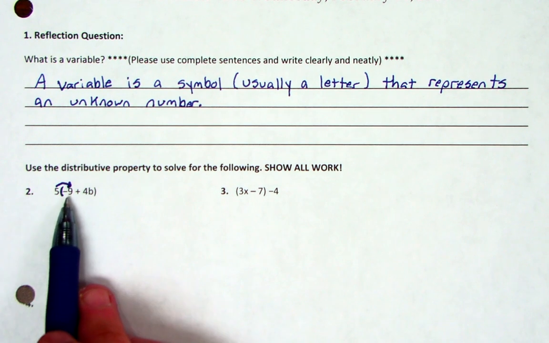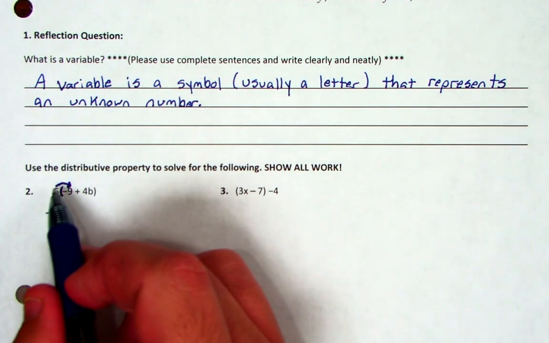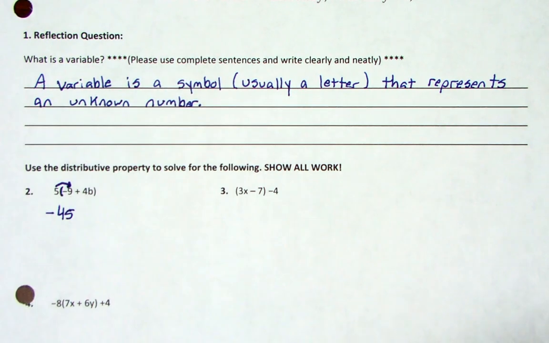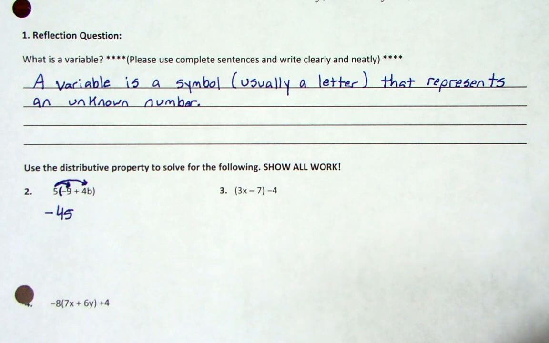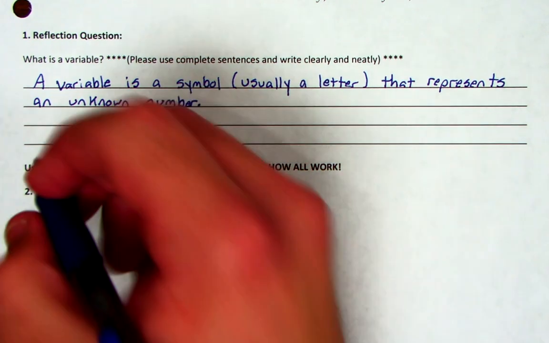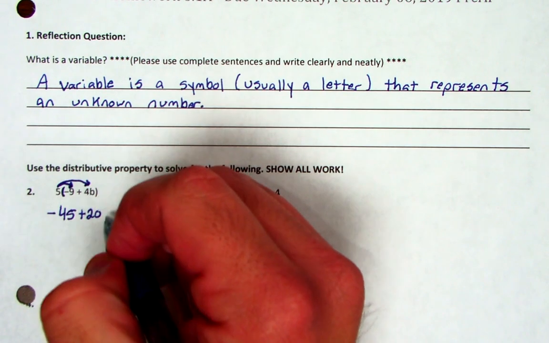What's a positive times a negative? That's a negative. 5 times 9 is 45. Then what is 5 times 4b? Start by multiplying the numbers. 5 times 4 is 20, and then just bring down the letter b.